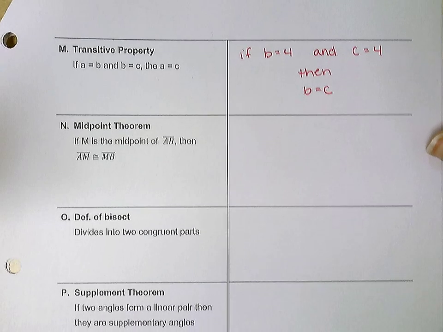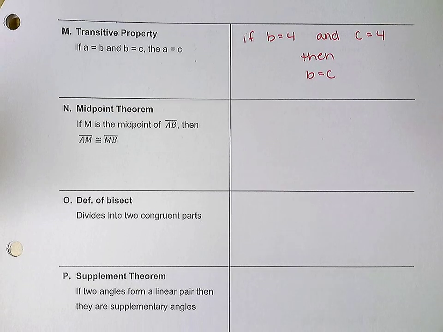All right. Now, for these ones, this is where I try and pick out key terms in each of these theorems or definitions. These ones might be newer to you. So first one we have the midpoint theorem. So if M is the midpoint of segment AB, then I can say segment AM is congruent to segment MB.